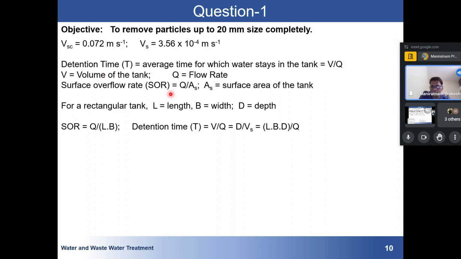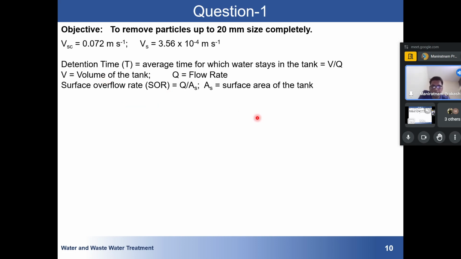And remember, although I am saying meter per second, the unit of SOR is meter cube per second divided by meter square, so it is generally written as meter cube per second per meter square. I hope you are able to understand what I am saying.